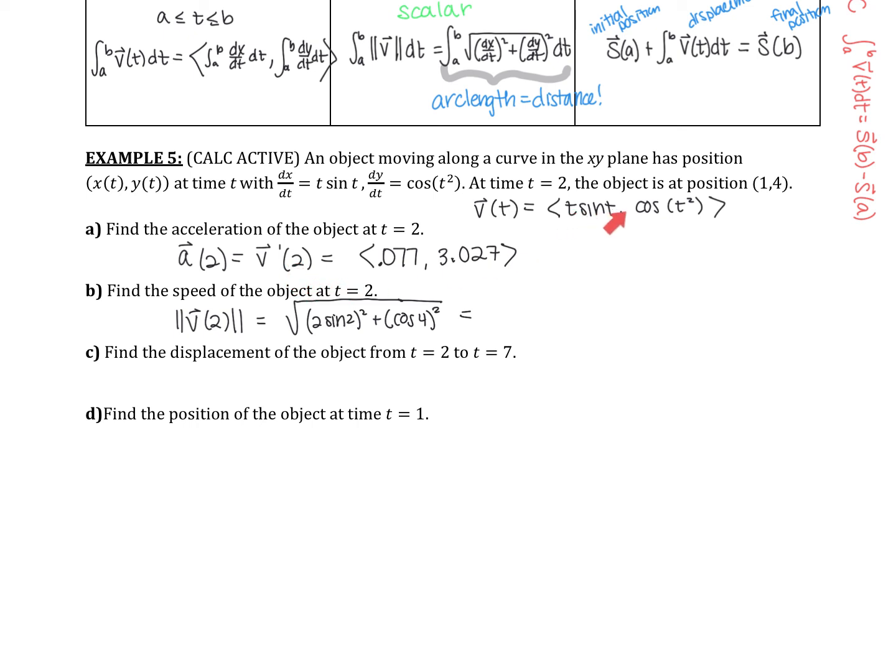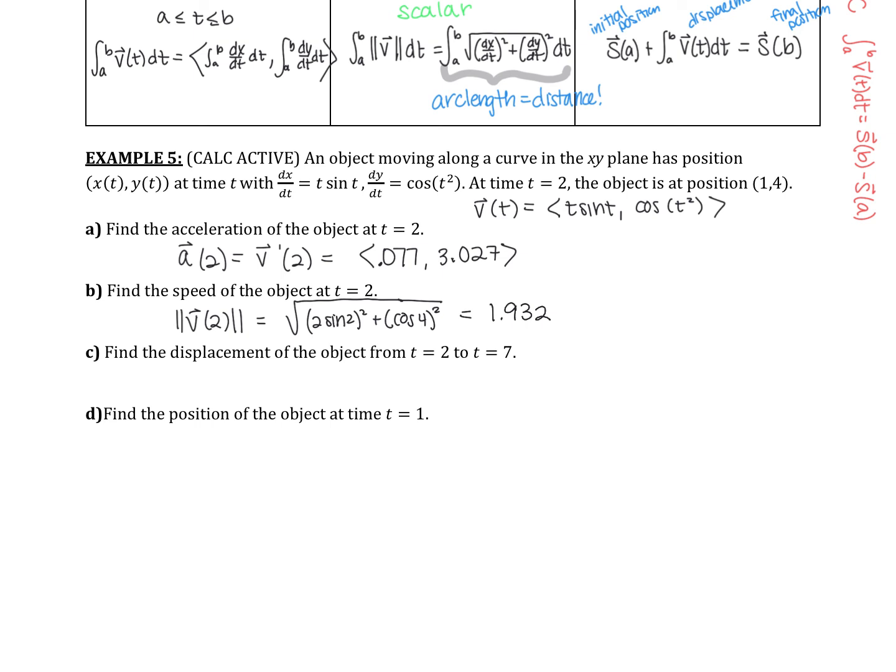And since I've already notated what the velocity vector is, now all I need to do is plug it into my calculator, but make sure you show those steps. Also, make sure you show what you're typing into your calculator. So if we're doing the magnitude of the velocity at 2, I'm just going to make this quick notation. And yes, it's a little bit more work, but then when I get the value, they know where it comes from.